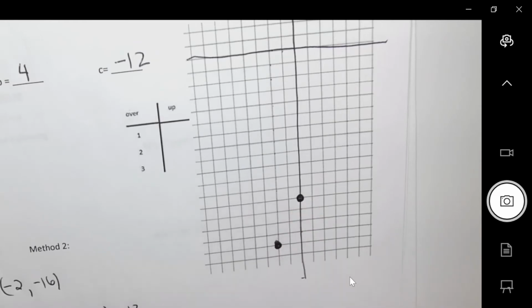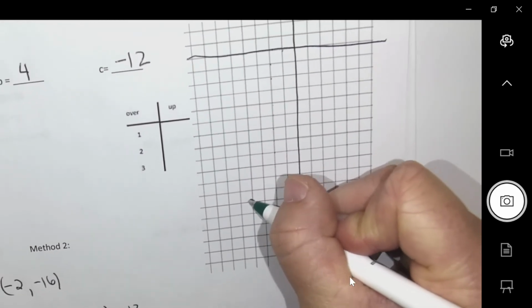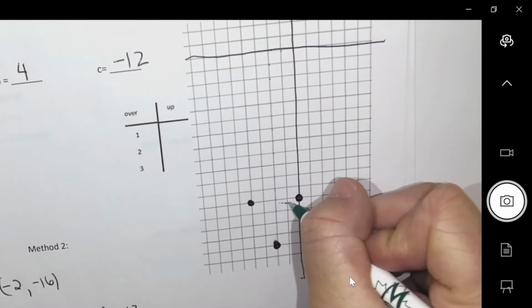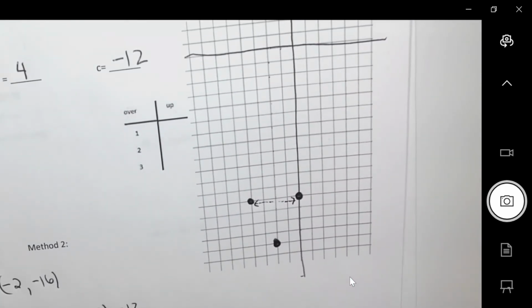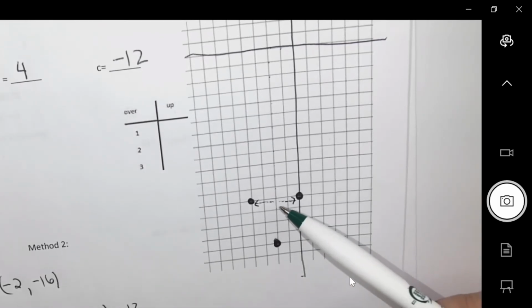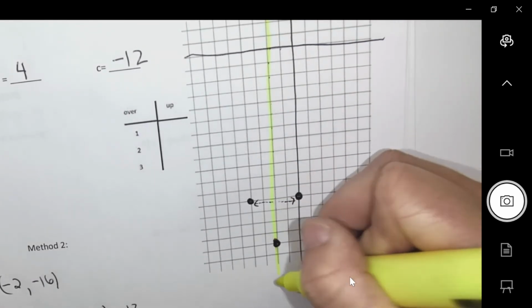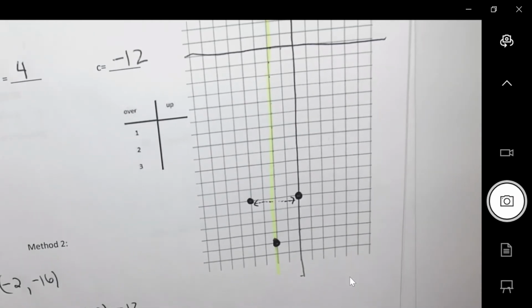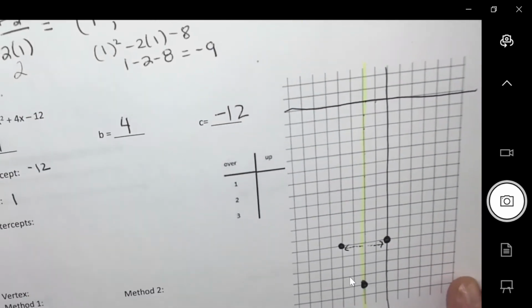Where would its partner go? Would that make sense? What I did to get that partner is I imagined my axis line, the symmetry line, and I just flip-flopped it 2 and 2. So there's the partners.